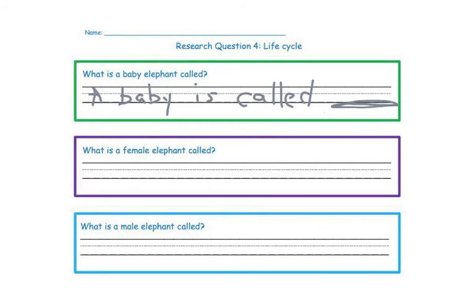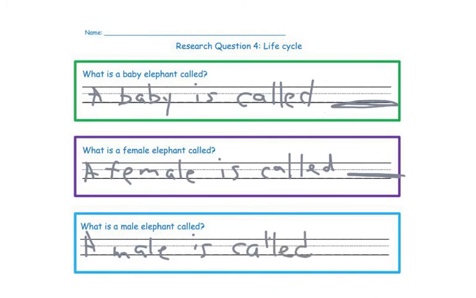A female elephant, sorry, it's hard to write on the iPad, is called blank. And then again, the same thing for a male. A male is called blank.